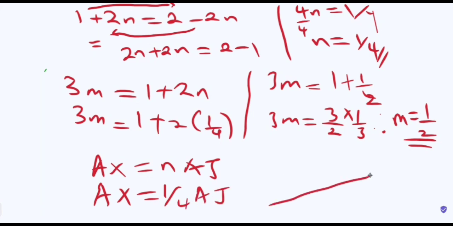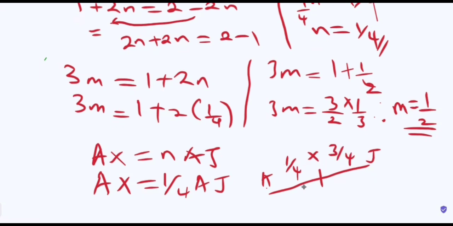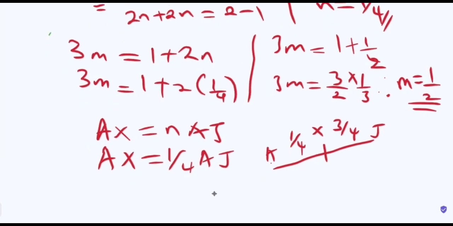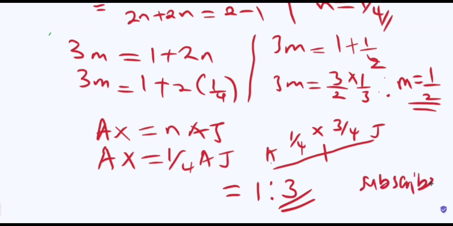So AJ ni hivi usually, okay, na x iko hapa. So kama AX ni a quarter ya kila kitu, so yamaanisha ile itakayobakia XJ ni 3/4. So in short, the ratio in which x divides AJ is in the ratio of 1:3. So hapo tumeelewana.